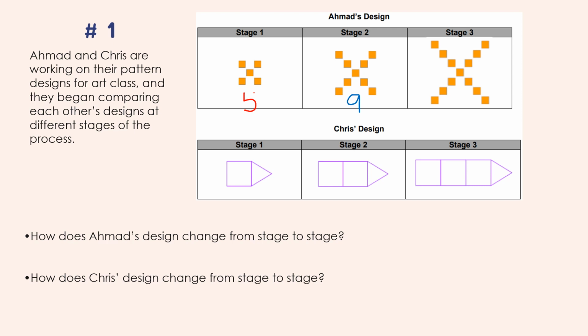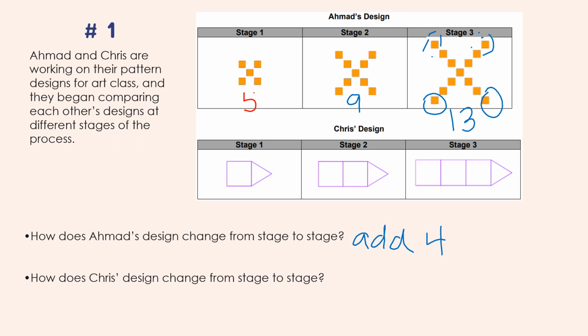In stage 3, he added 4 more, these ones on the outside. And so now he has a total of 13. So there is a pattern of adding 4 each time. So our pattern is adding 4.